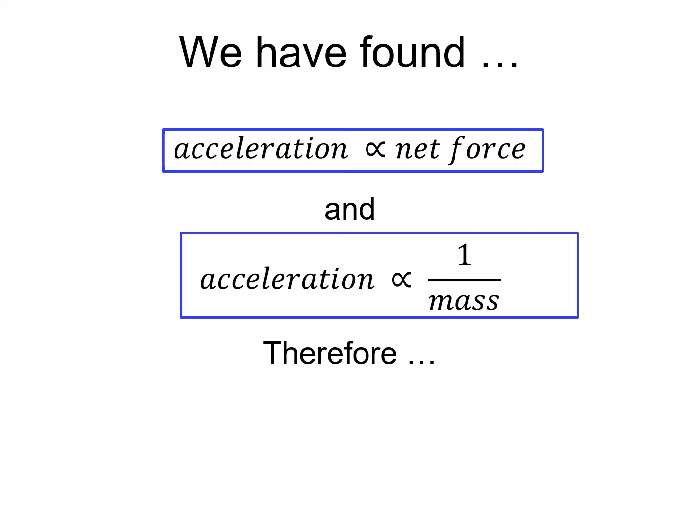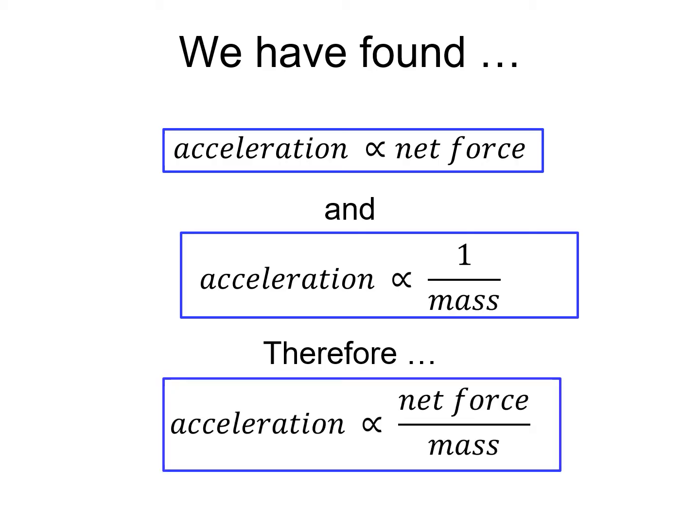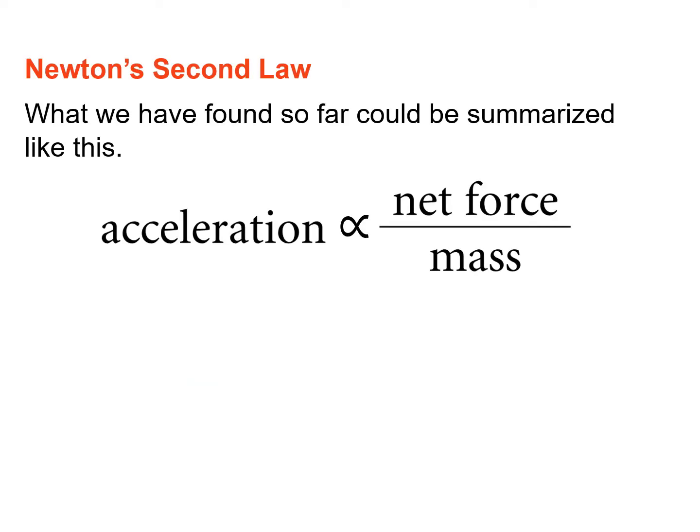It's actually not an equation yet, but a single proportionality will say acceleration is proportional to the net force over the mass. Now, anytime you have a proportionality like this, acceleration is proportional to net force over mass, you want to try to change it into an actual equation so you can apply it more broadly and more specifically.